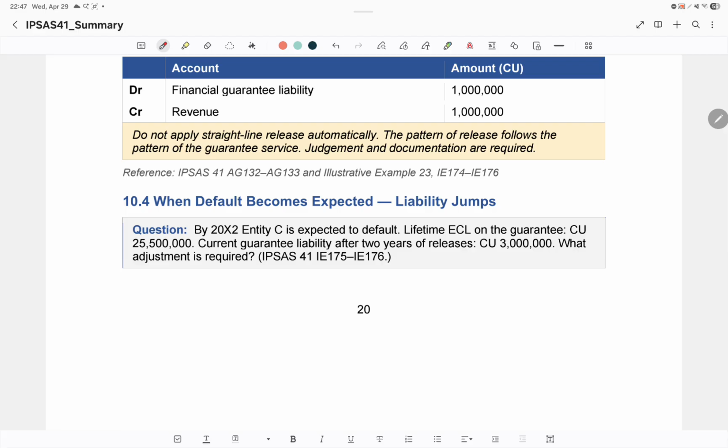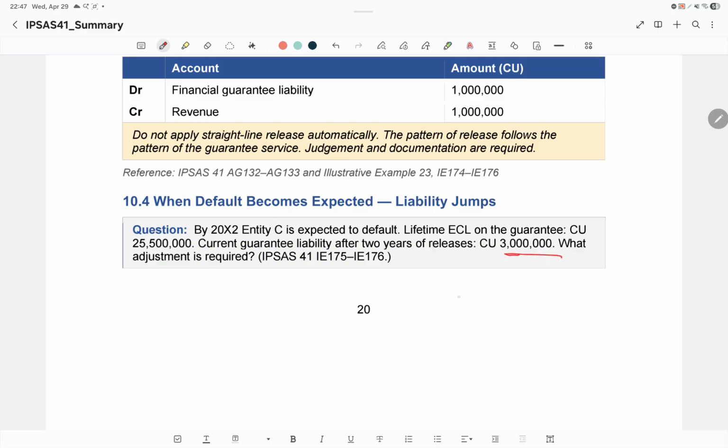For example, in year 3, C is expected to default. Lifetime ECL on the guarantee is 25,500, but the current guarantee liability after 2 years is 3 million.